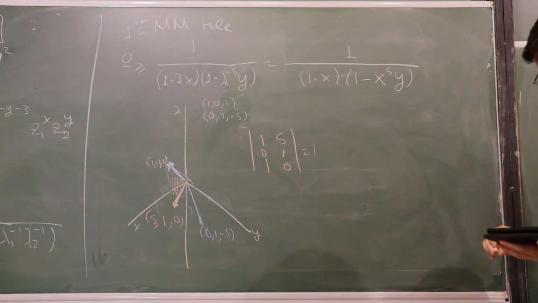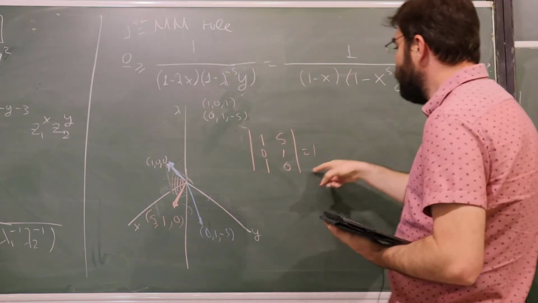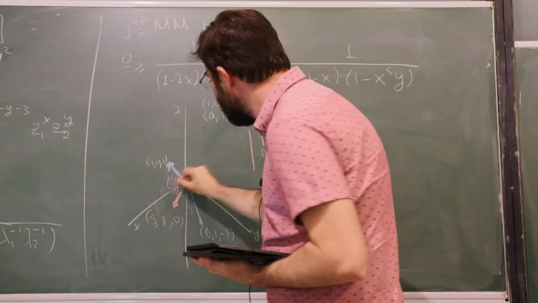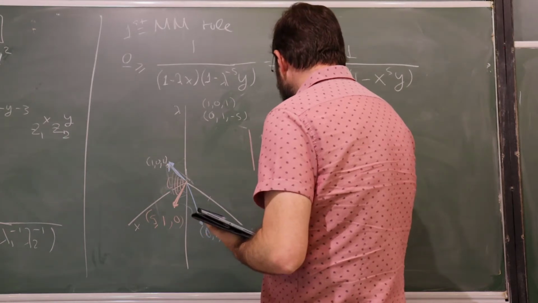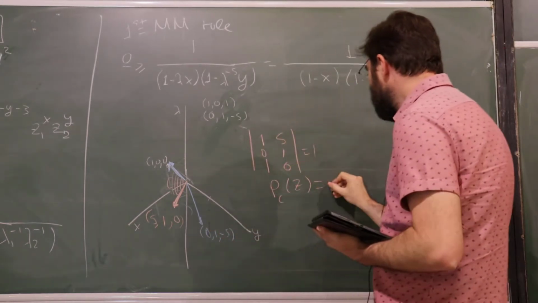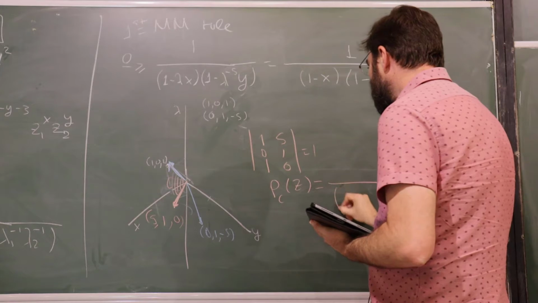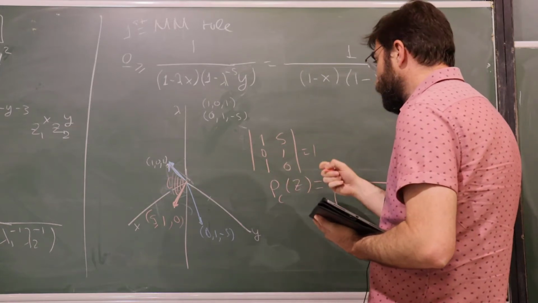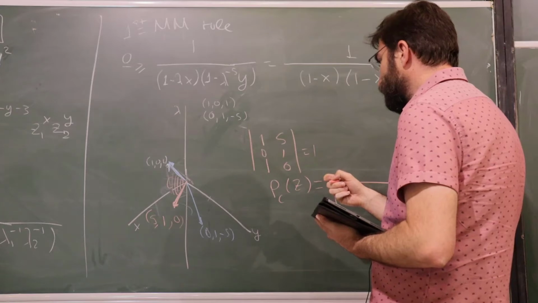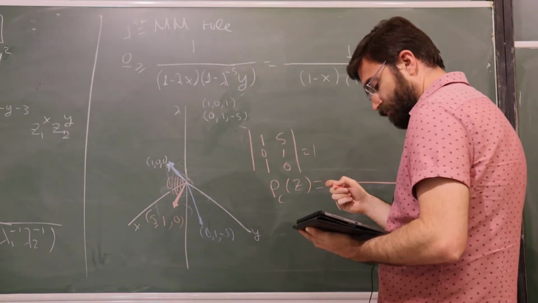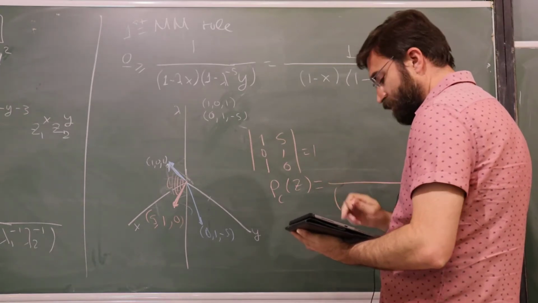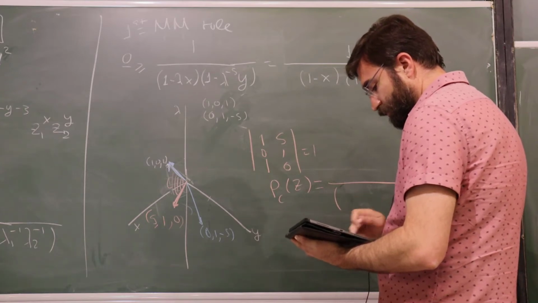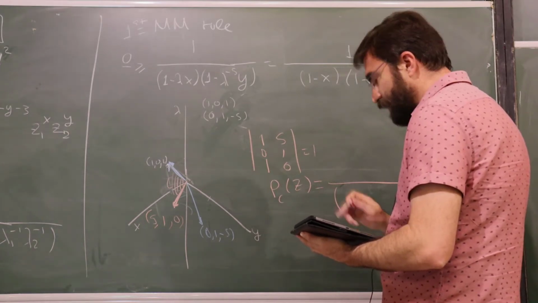It's okay, so from this I can conclude, let's call this C. The rational generating function of C is what? So in the denominator we put down to, yeah, actually, sorry.